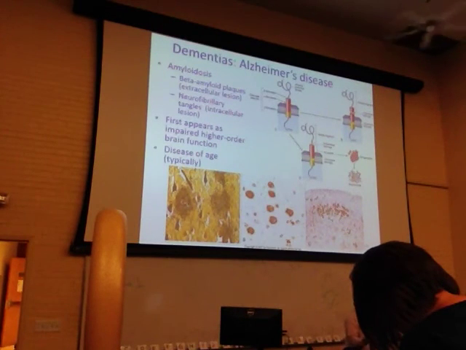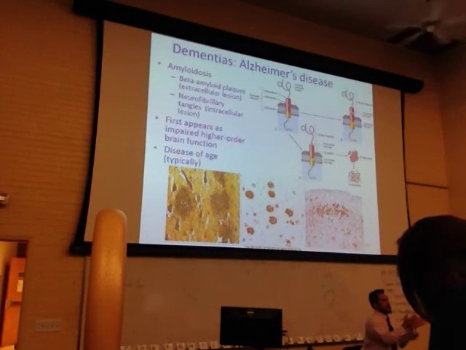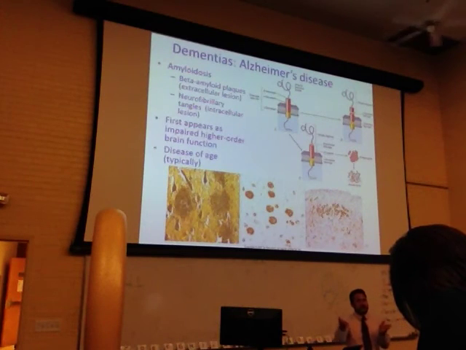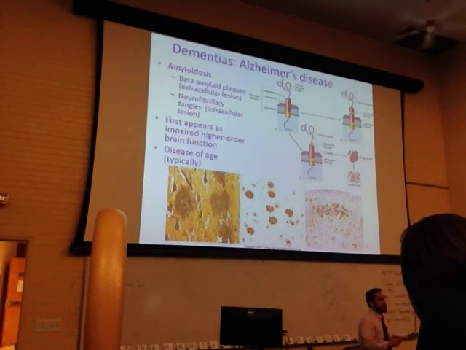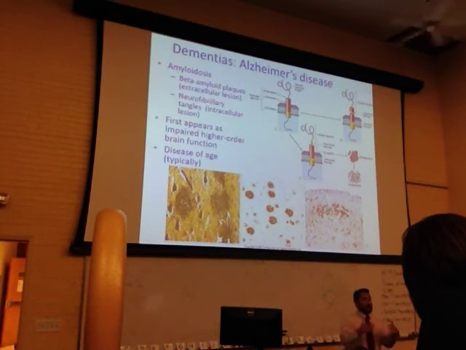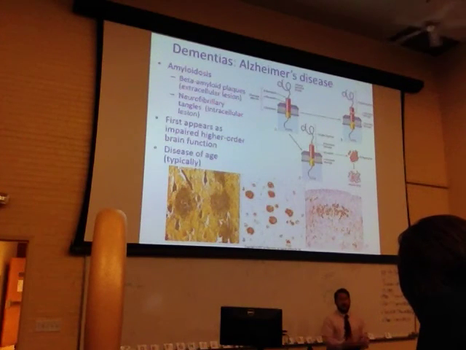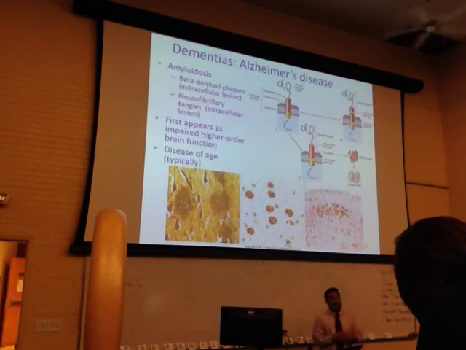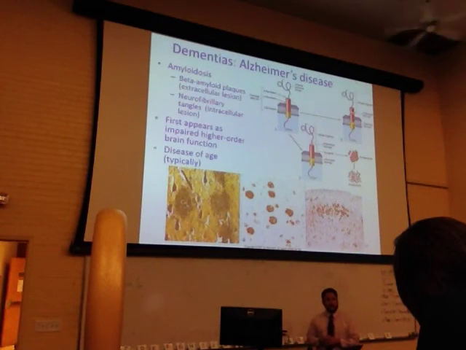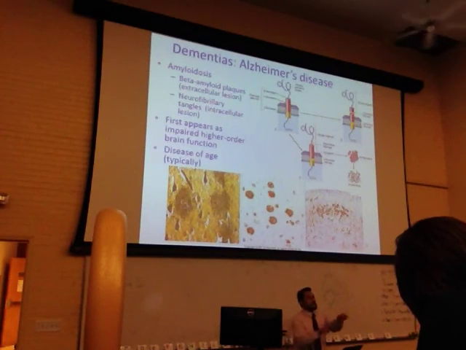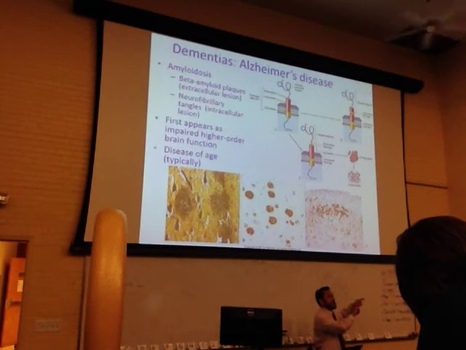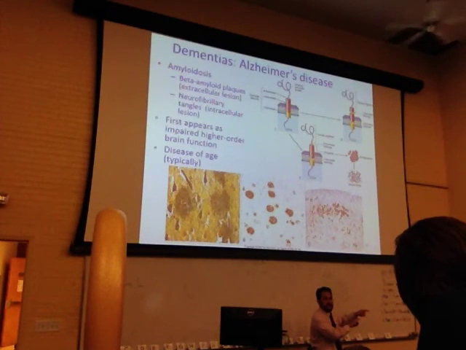Now, it's a chicken and egg question. So when we have patients at post-mortem and they donate their body to science, and we slice through the brain and we look, we do see the presence of beta amyloid plaques and these neurofibrillary tangles in these patients who never were exhibiting any symptoms of Alzheimer's.